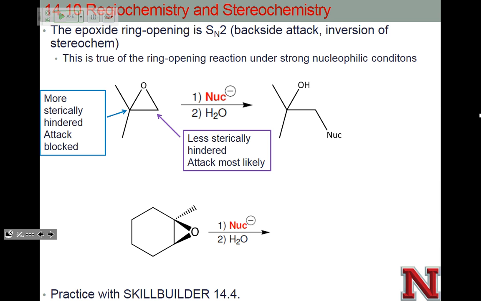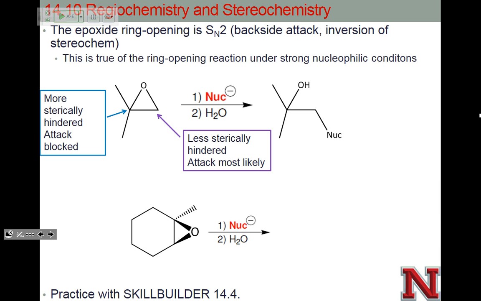So these angles are a little bit bigger than a normal sp3 carbon that's not participating in a ring. One of the reasons for the ring strain is that we're not at that ideal 109.5 degrees, because these groups are closer together than they want to be. But when that happens, that allows these groups to be a bit further apart. So while it's still sterically hindered, it's not as sterically hindered as a normal sp3 carbon because of the ring strain that we have.